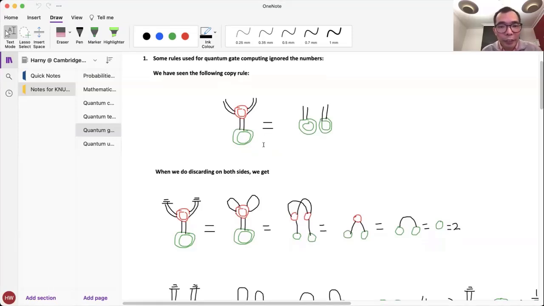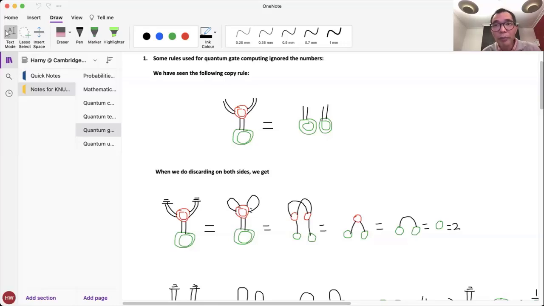So we do discarding on both sides, left and right. Discarding just means we put a single cap here, right? Here is also discarding, we have a single cap here, right?